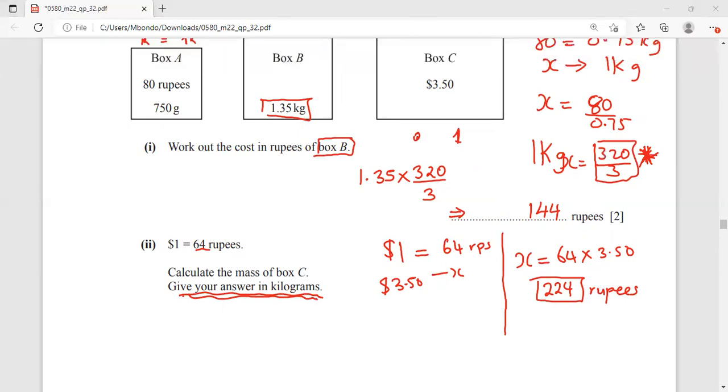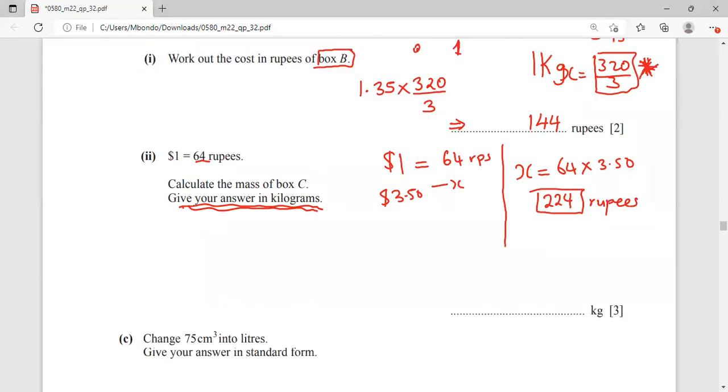So we'll go further down and say we have now 224. This has to be divided by 320 over 3. And you know that this is just the same as 224 multiplied by 3 divided by 320.